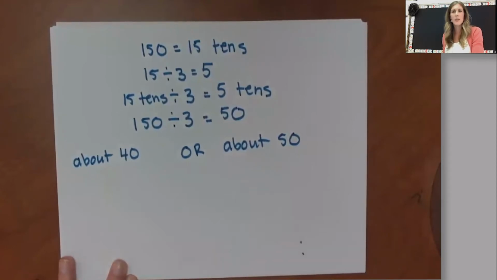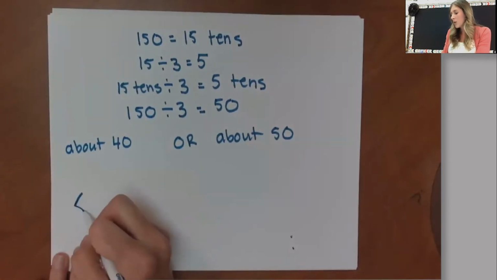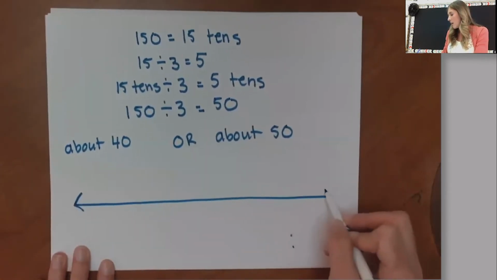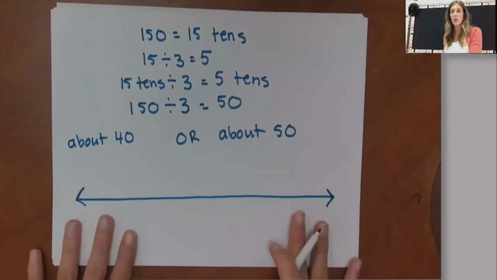Interesting choice. Why? Let's look at the compatible numbers we chose to use for our dividends in our estimates on a number line and compare them to the dividend of the original problem. So draw a number line with me. We're going to start by just drawing our number line with arrows on each end because we know numbers go infinitely in both directions.